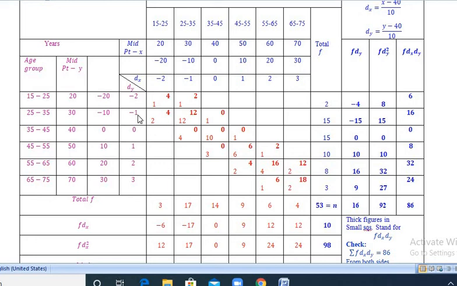And dy is minus 1, dx is minus 1, their product is plus 1 into frequency 12, it is 12. And dy is minus 1, dx is 0, frequency is 1, their product is 0. Means rest of the entry is not given.